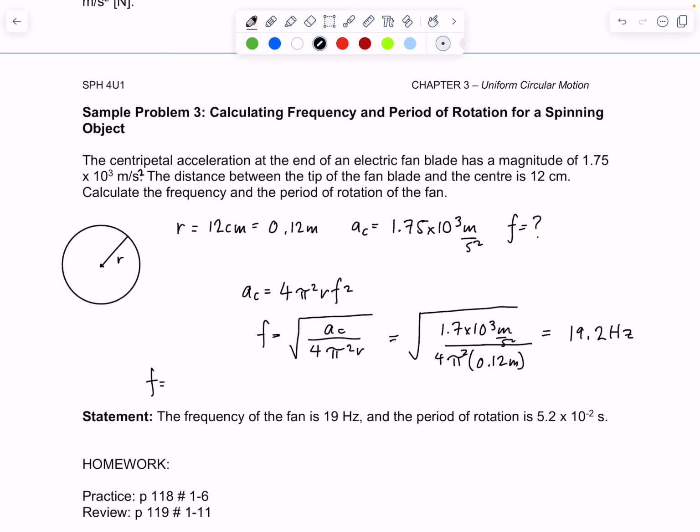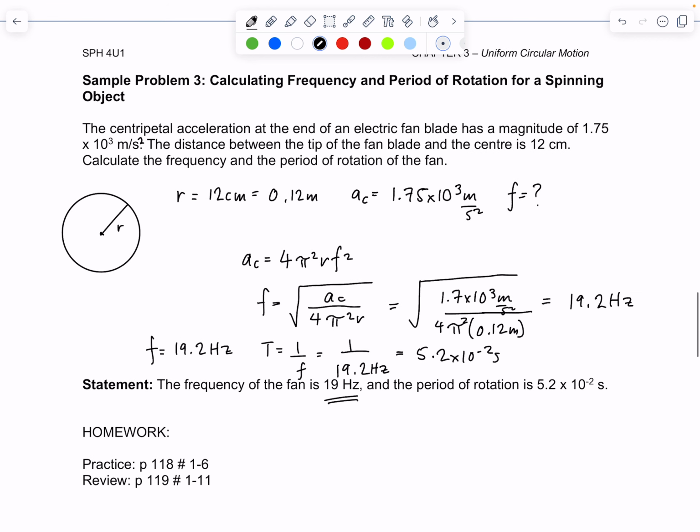So if frequency equals 19.2 hertz, and period equals 1 over frequency, then we can find the period as 1 divided by 19.2 hertz, and we end up with 5.2 times 10 to the power of negative 2 seconds. So the frequency of the fan to 2 significant digits is 19 hertz, and the period of rotation is 5.2 times 10 to the power of negative 2 seconds.